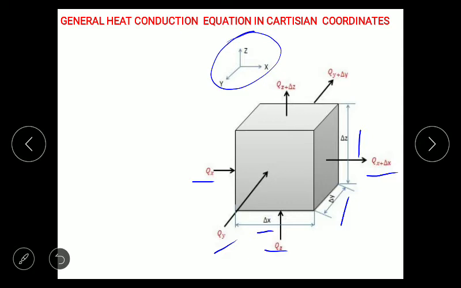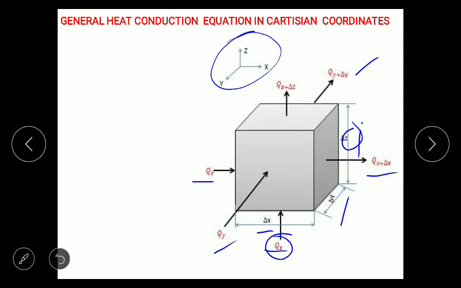In a similar way, qy is the heat supplied in y direction into the element, which flows through a thickness delta y and comes out as qy plus delta y. In z direction, qz is the heat supplied, which flows through a thickness delta z and comes out as the heat qz plus delta z.